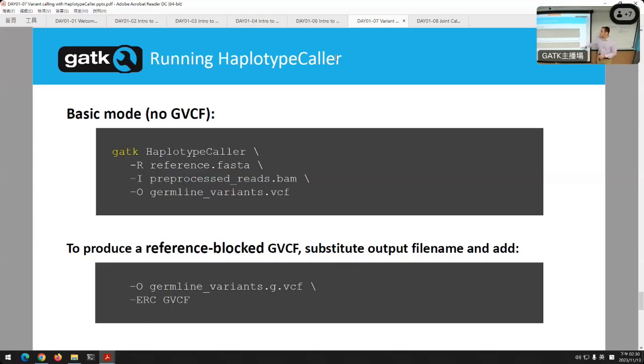When we want to do the population-based calling, the joint calling, we add one argument. Instead of the output being a VCF, we call a GVCF, and then we add the GVCF mode. Aaron will explain, and you'll see in the hands-on, what is different between the GVCF and the VCF.